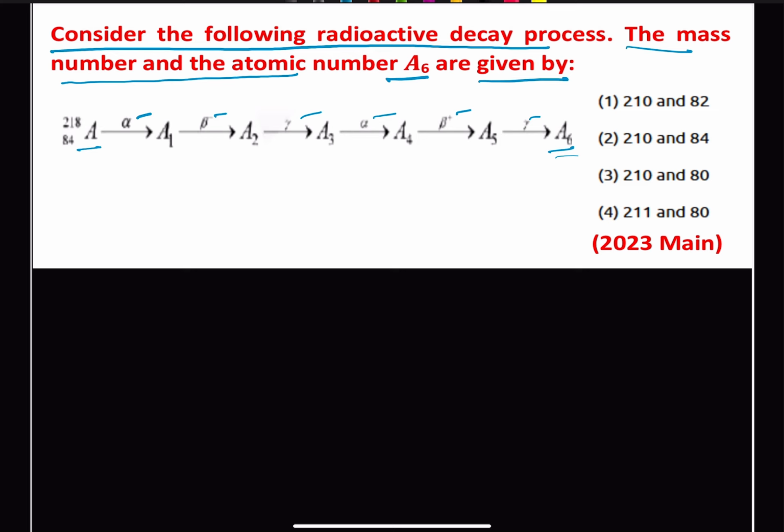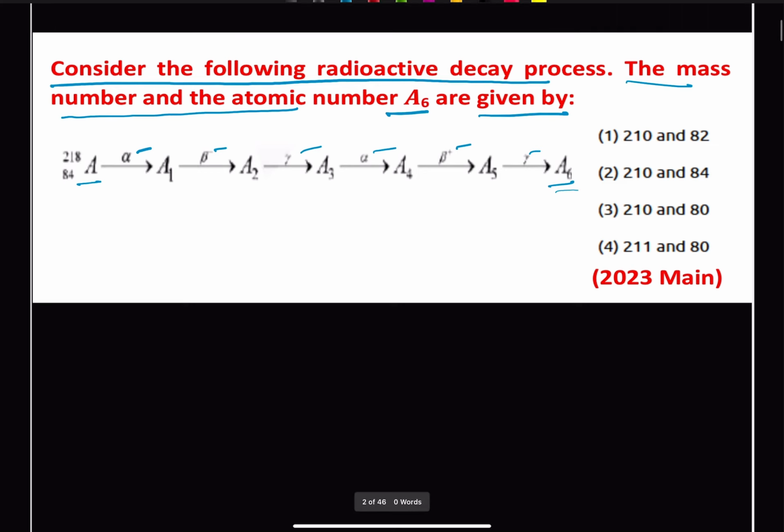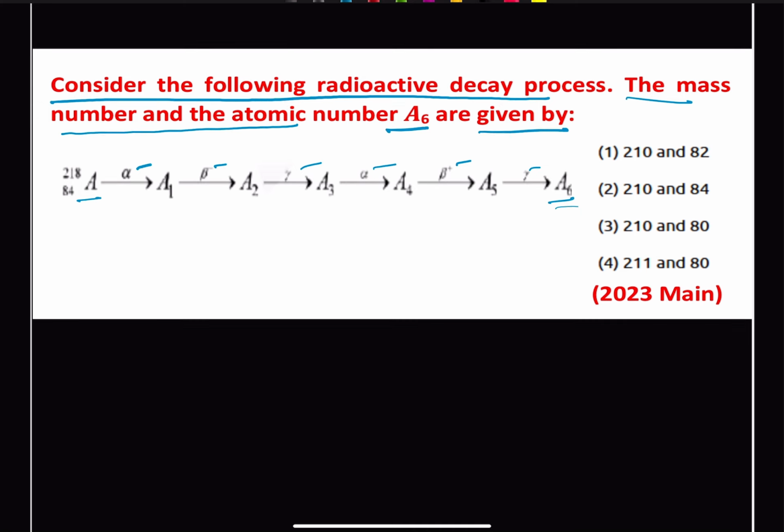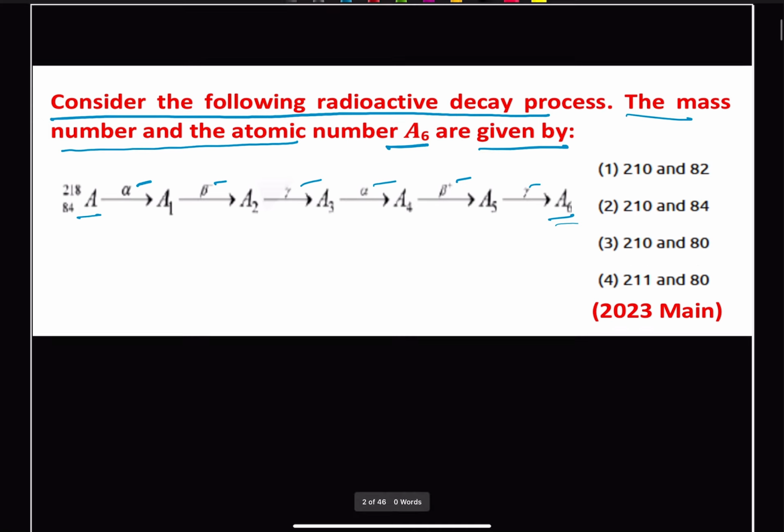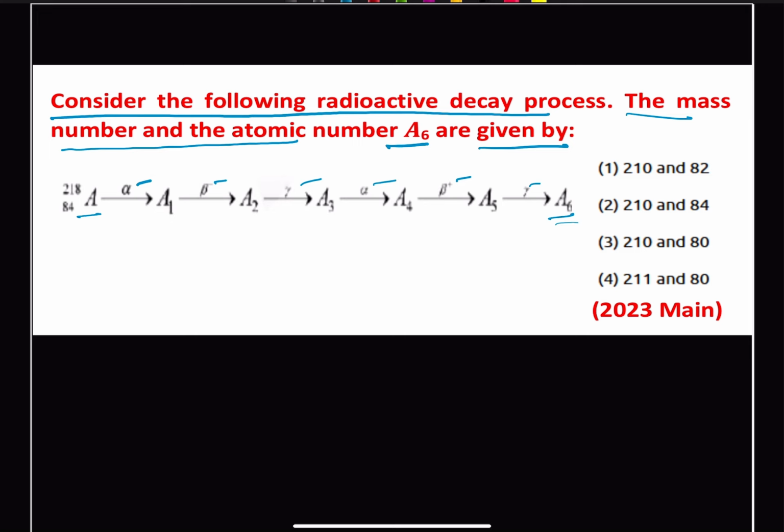Okay, so we can just stick to the given equation, and first of all there is loss of an alpha particle. So from 84 we are going to get 82, and from 218 we will be left with 214. So 214 will be our mass number and 82 will be the atomic number for our A1.